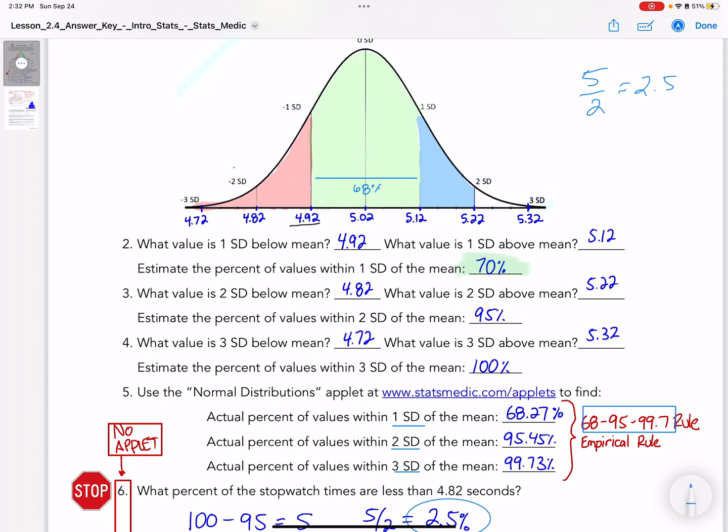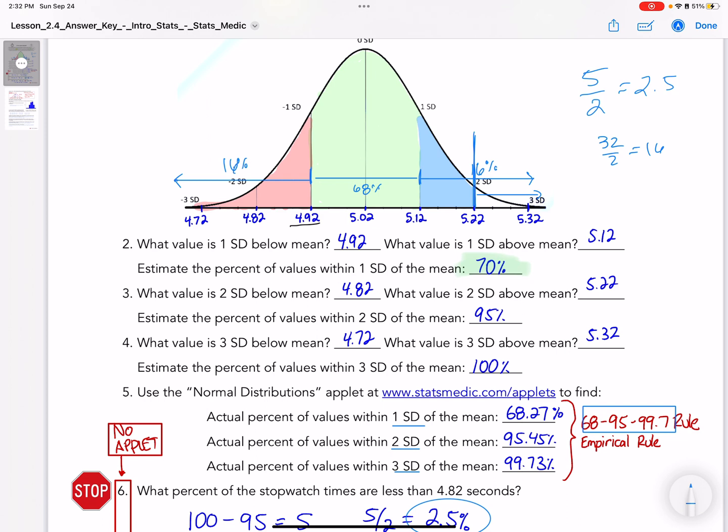Well, if this is 68% of my data, then the rest of it, similarly to what we did on the last one, I'm going to have 32% left over, which 32 divided by 2 is 16, right? So that's 16%. But I don't want all the way out. I want it to stop here. So since that's 16%, I got to find out what that is.